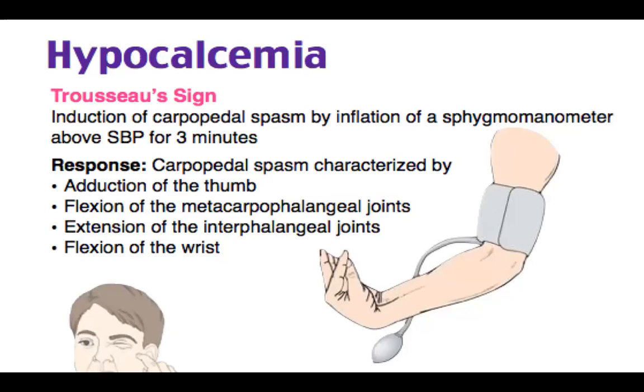Remember, keep it inflated for 3 minutes and then wait for the response. And what response will you expect? There will be carpopedal spasm. And what is that? There will be adduction of the thumb, flexion of the metacarpophalangeal joints, extension of the interphalangeal joints, and flexion of the wrist, as you can see in the picture.